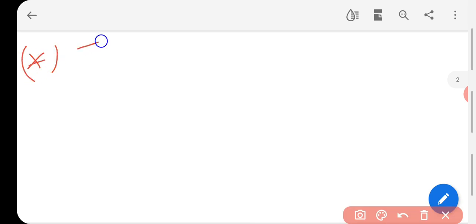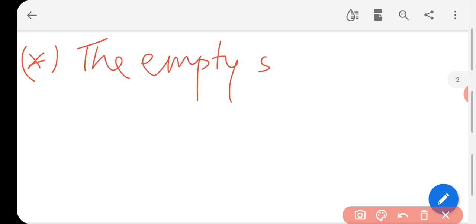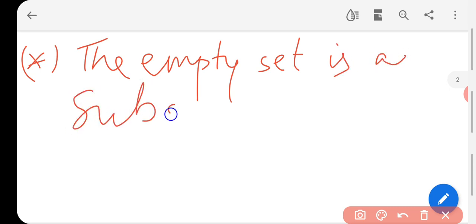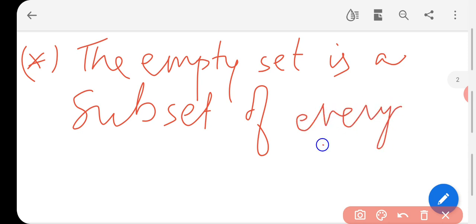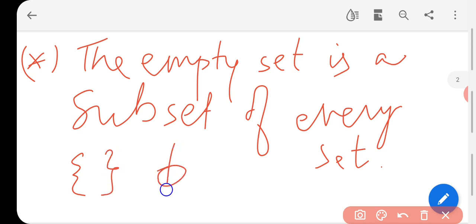One more important result we have, that is, the empty set is a subset of every set. As I told you in your previous class, the empty set is a set which contains no element and is denoted simply by curly braces or phi.